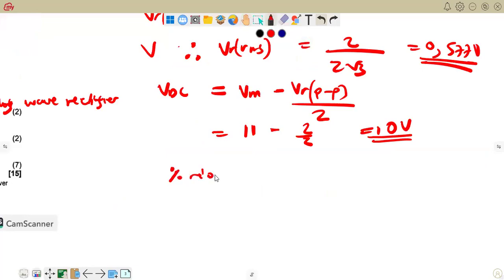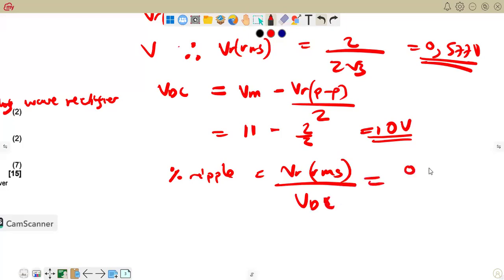The percentage ripple is equal to the ratio of VR RMS to VDC: 0.577 divided by 10, multiplied by 100. That's 0.0577, so it is 5.77 percent.